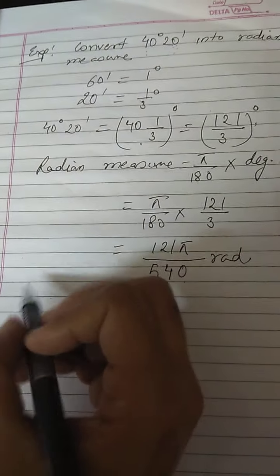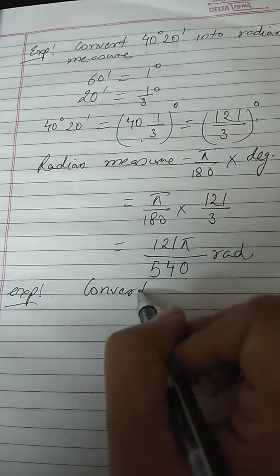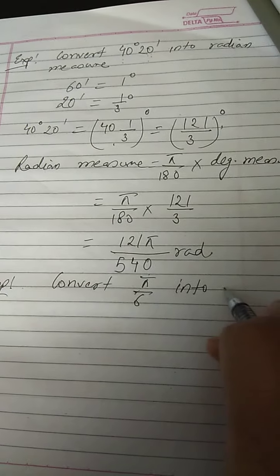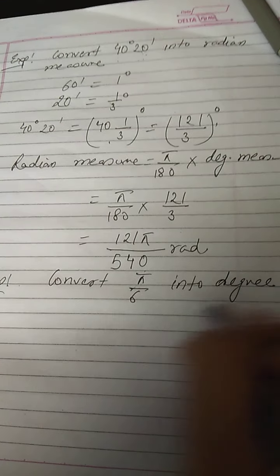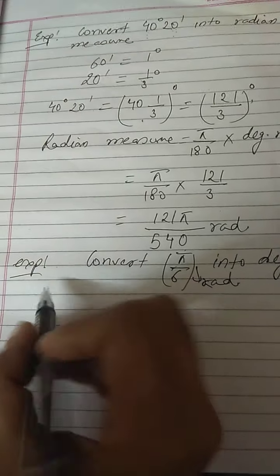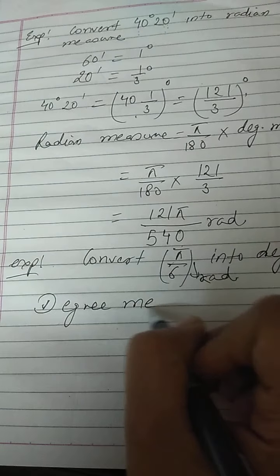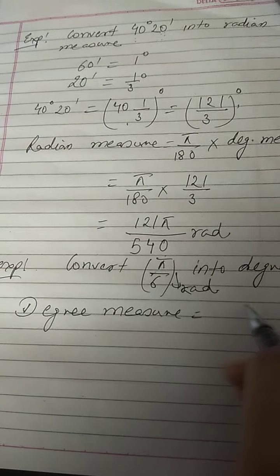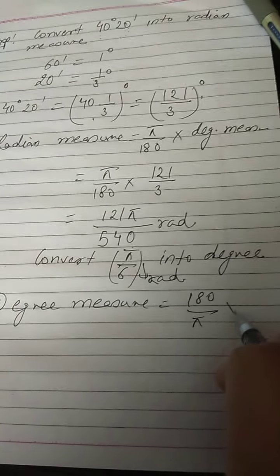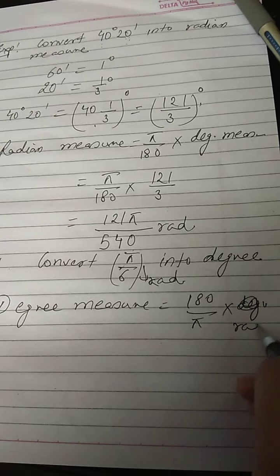One more example we can take here. If I have to convert, let us say, pi by 6 radians into degree measure, this is given in radians. Now what is the formula? To convert into degree measure, it is 180 upon pi into the radian measure, because the radian measure is given.